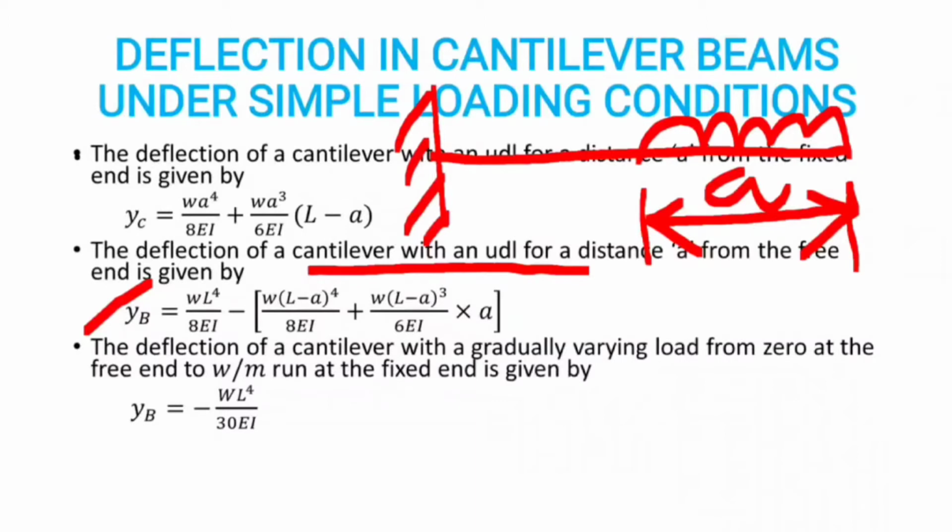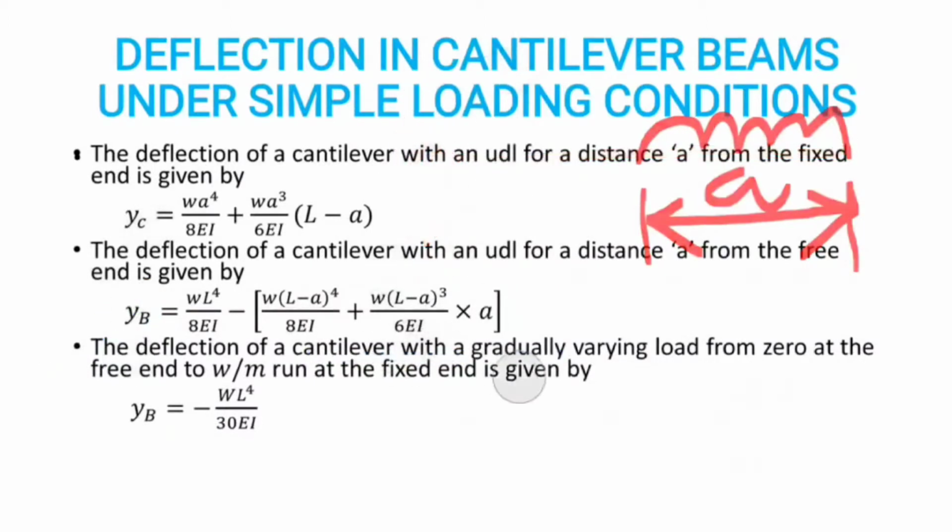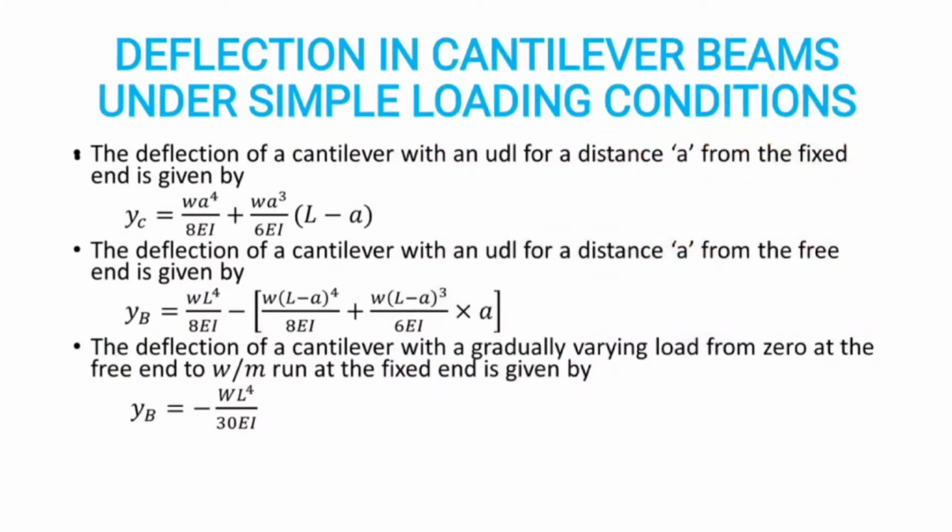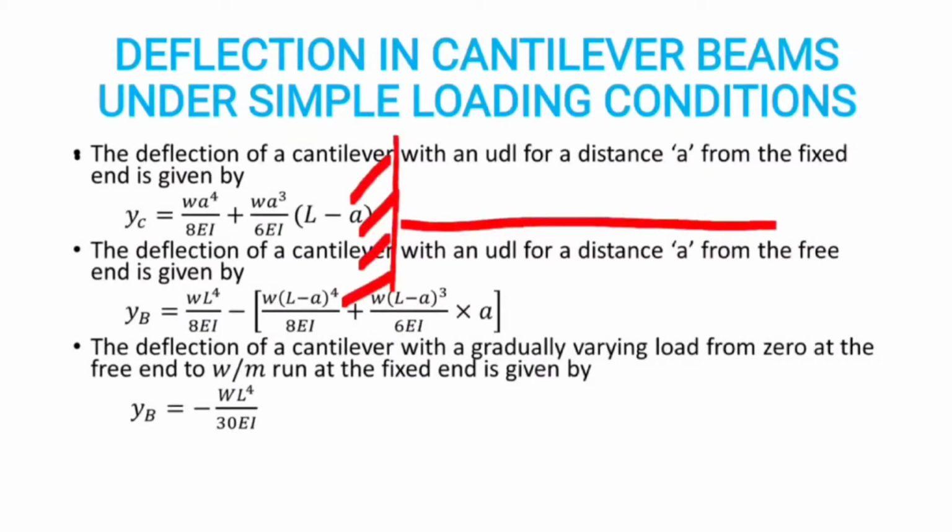The last case in the cantilever beams is the deflection of cantilever beam with gradually varying load, a UVL case. It is 0 at the free end and W per meter at the fixed end. I draw a figure for your understanding. This is a cantilever beam. One side is fixed, other one is free. The UVL is acting like this.